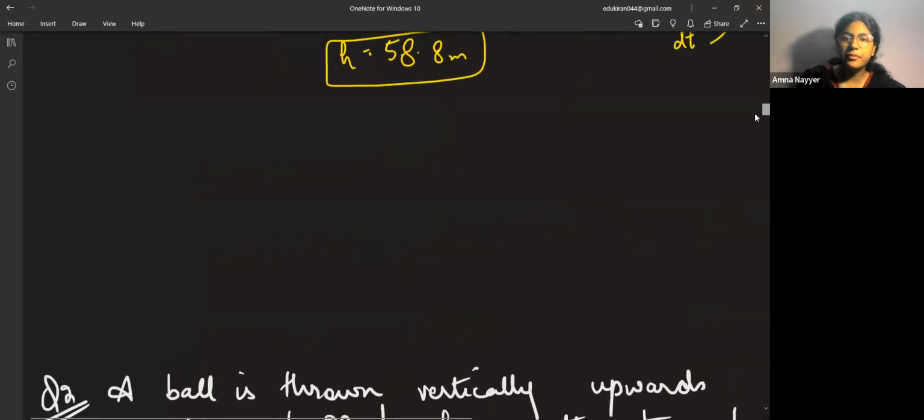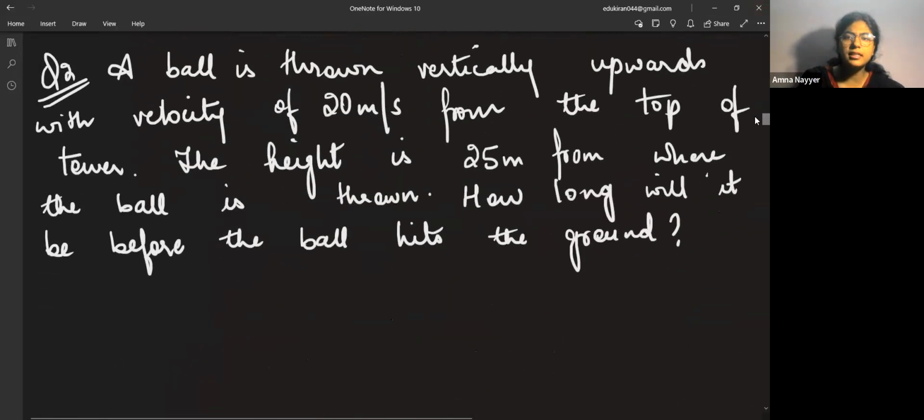So see, let us discuss this question. These types of questions are asked in the exam. A ball is thrown vertically upwards with a velocity 20 meter per second from the top of a tower.